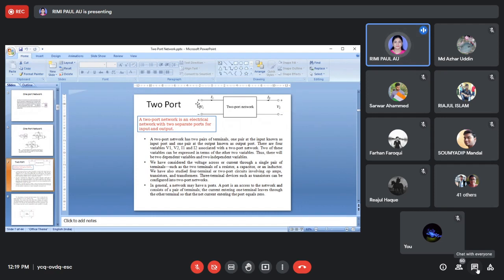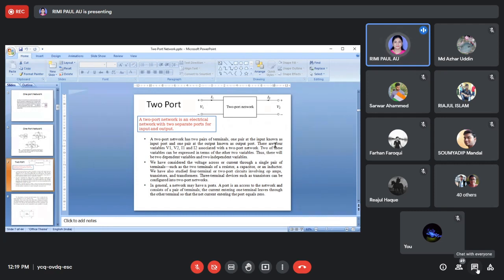Whenever you connect these terminals to the source, it is known as the primary, and when the other is connected to a load, it is called the secondary. Similarly, in the general case, you can say this is the input port and this is the output port.